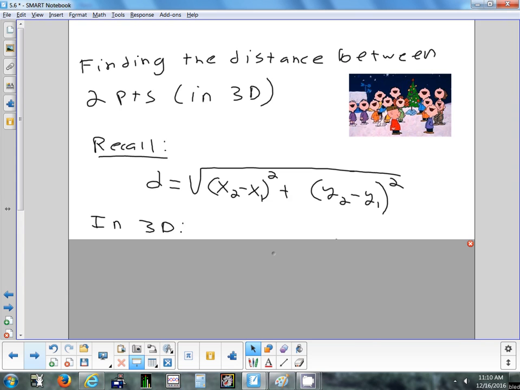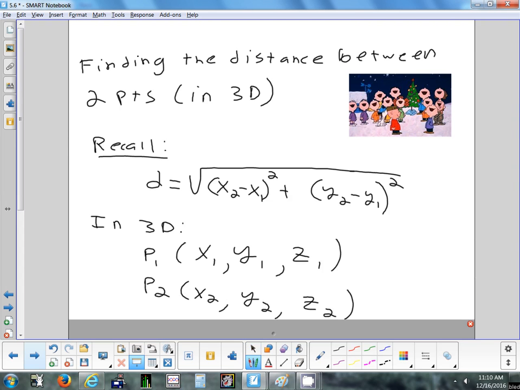Does anybody have a guess what you're going to add to this formula to extend it to 3D? Yeah, you're going to put the difference in the z's squared, and then take the square root. First of all, I have to give you coordinates that are in 3D, so they will have an x value, a y value, and a z value.